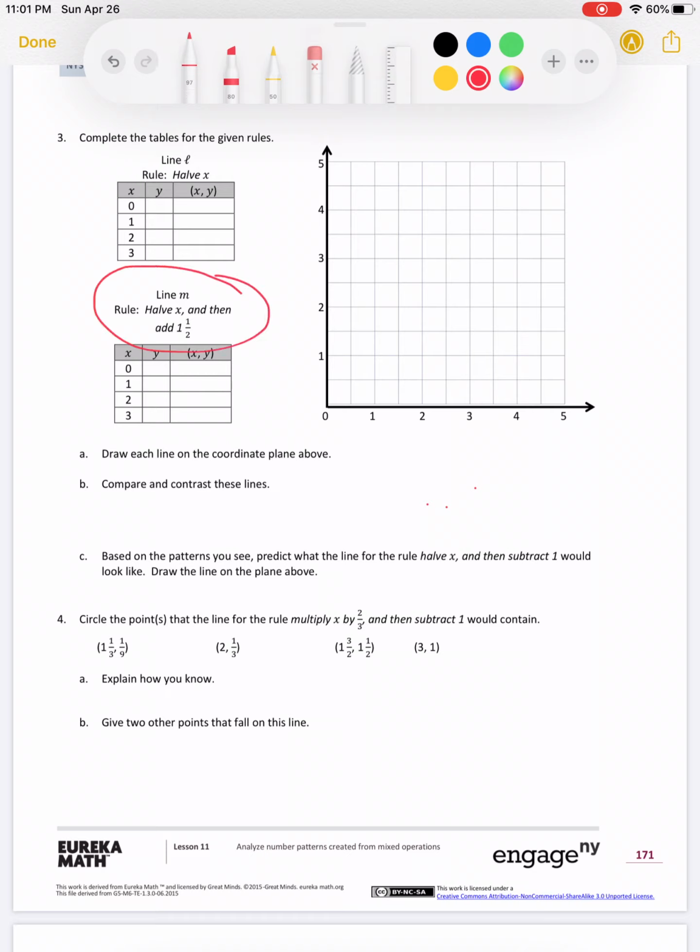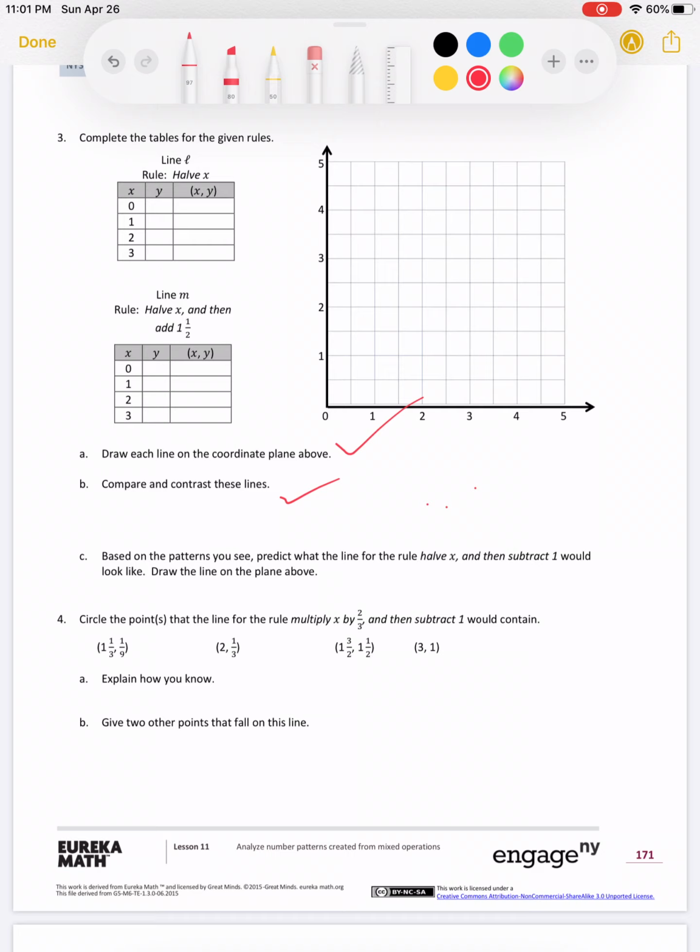They have line M, and they give us the rule half x, and then add 1 1/2 to that. Don't forget this part. The add 1 1/2 when you finish, because some of you are going to stop at half x. No, add 1 1/2. And the same thing like the first page, you all. Draw your lines on your coordinate grids. And then they want you to compare and contrast these lines.